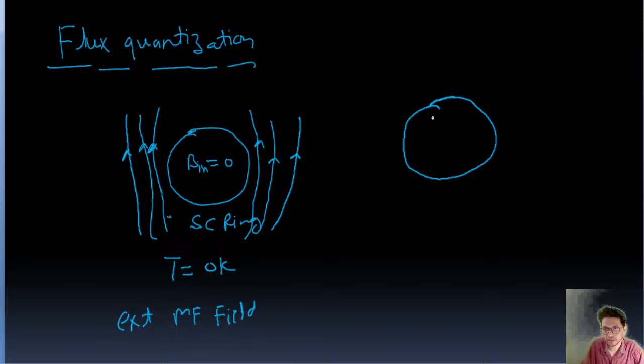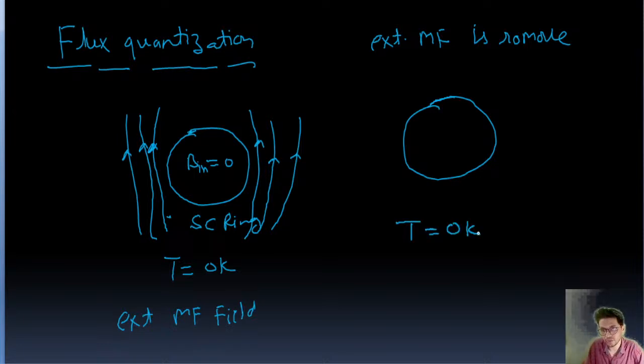When the external magnetic field is removed, at T equal to 0 Kelvin, some part of the magnetic field gets trapped inside the superconducting ring.